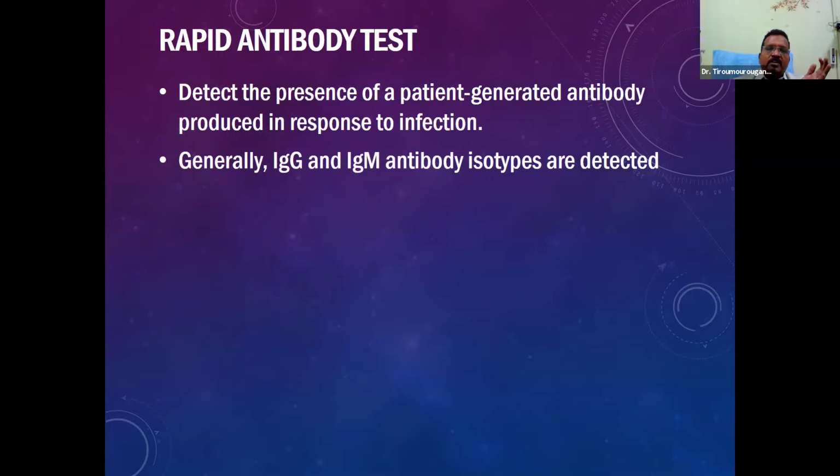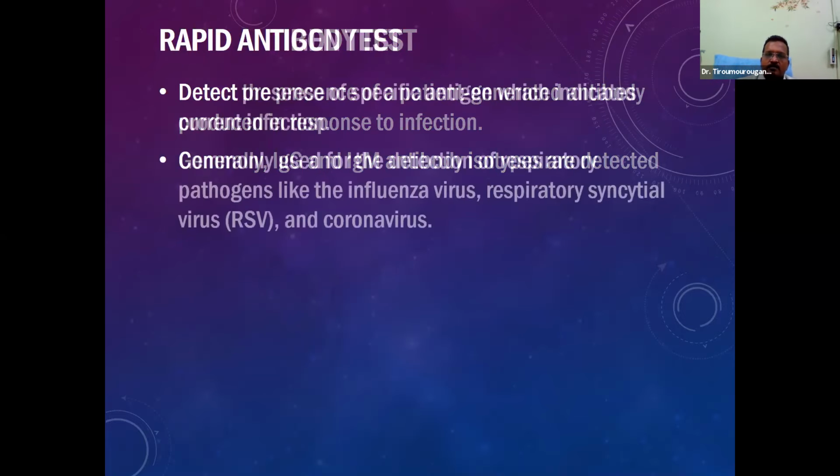Now, the rapid antibody tests obviously look for antibody which is generated in the body in response to any infection, and these tests can detect both IgM and IgG separately. But because we are looking for a body response, they are not good at picking up illnesses quite early. The body has to produce a response, and if the body for whatever reason cannot produce a response, or we are in the window period when the antibody response is being produced, these tests are useless.